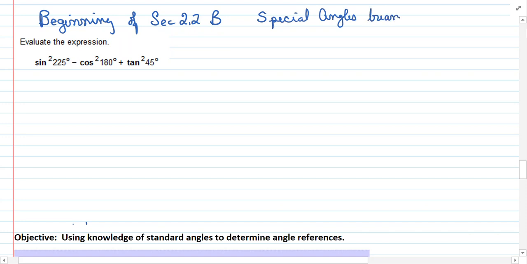And this is in the triangles of a 30, 60, 90-degree triangle and a 45, 45, 90, and all of the trig functions involved.